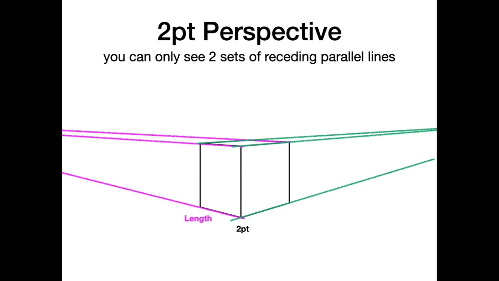If we were to extend these lines long enough, they would eventually converge on 2 separate vanishing points on the horizon. And notice that the height of the cube is not receding. The edges of the height of the cube are perfectly vertical. They are parallel to us. They will never converge.